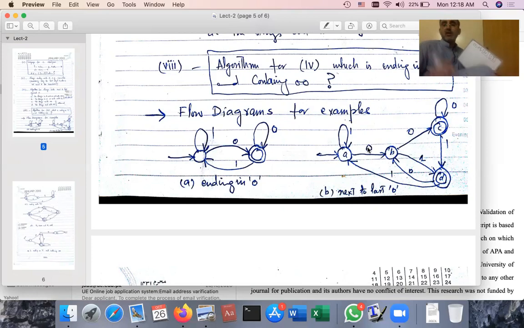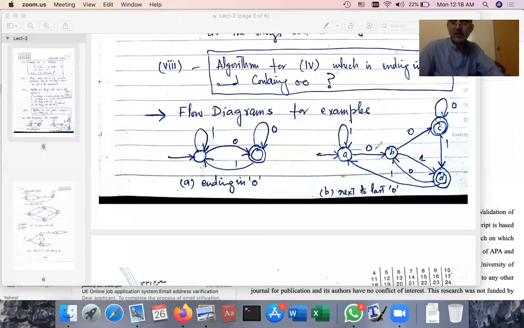It is always better to take some strings and draw your finite automata in parallel. Then you will reach somewhere with a true direction. So okay, up to this point only this part is okay with 0 0.